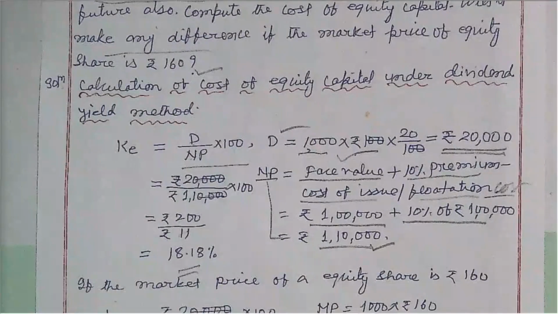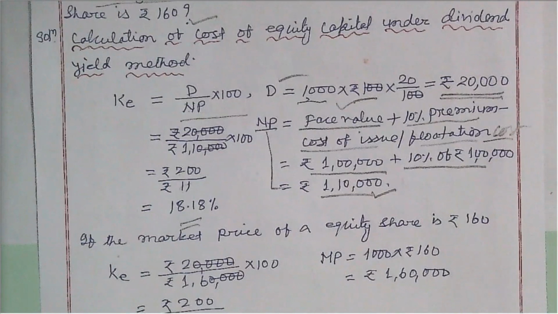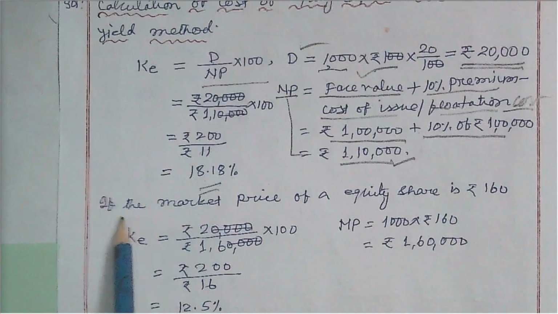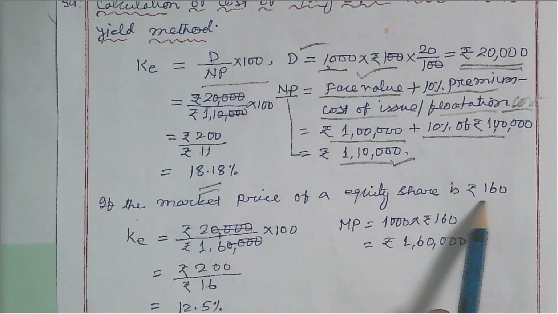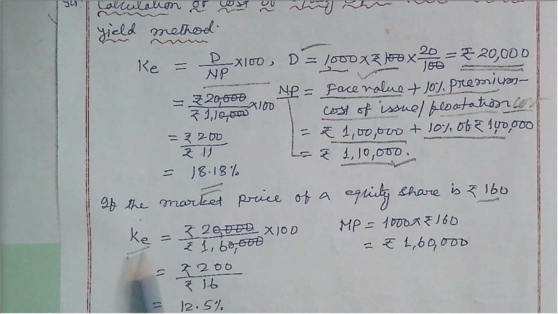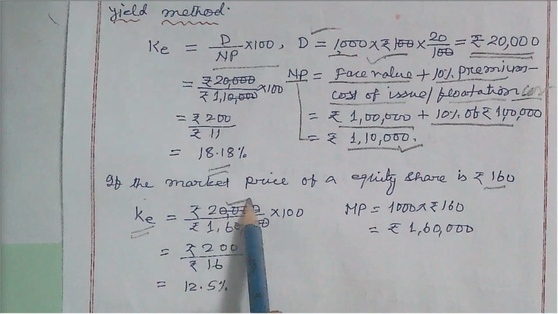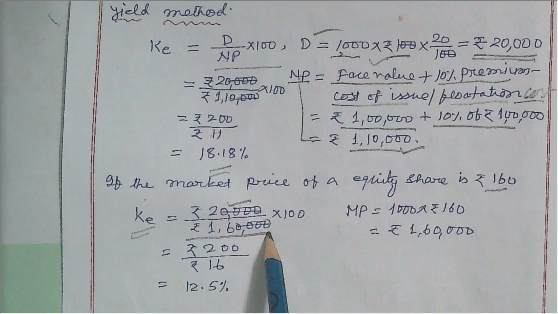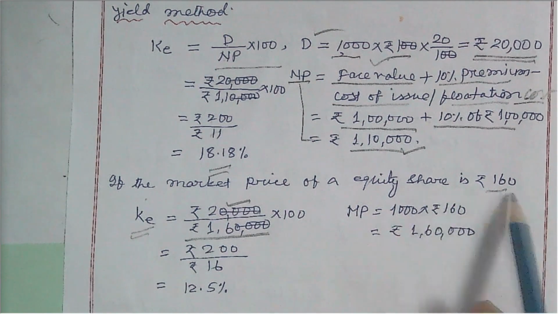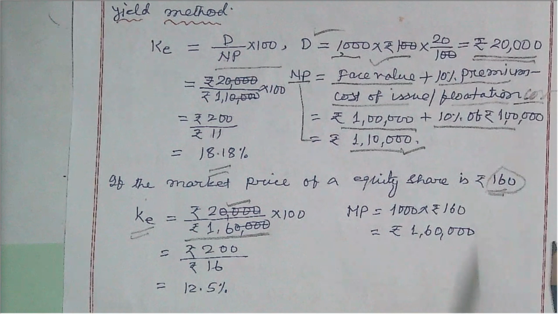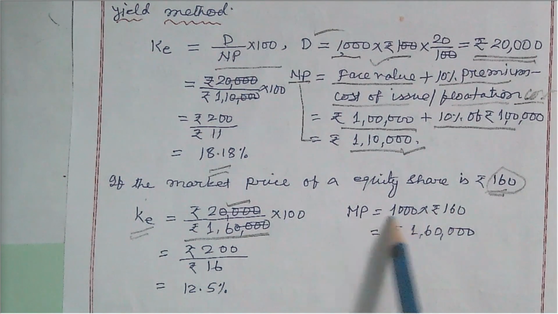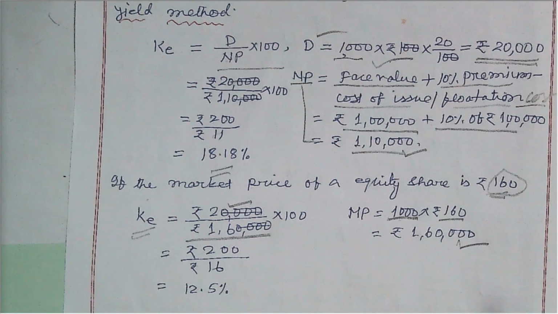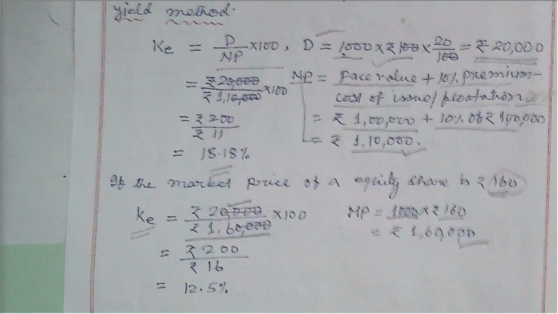Now if the market price is given, then the net profit shall be replaced by the market price. Here it is given that the market price of the equity share is rupees 160, so the cost of equity capital is calculated with the amount of dividend remaining the same. Only the market value of shares changes: one share price is 160, the number of shares is 1000, so 1000 into 160, the total market value is 1,60,000.